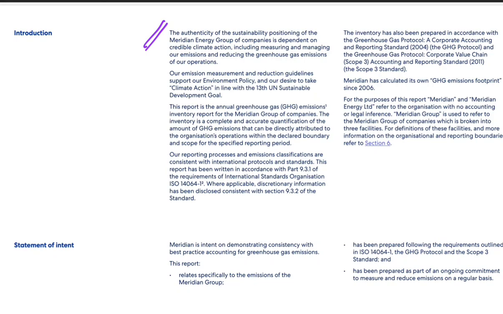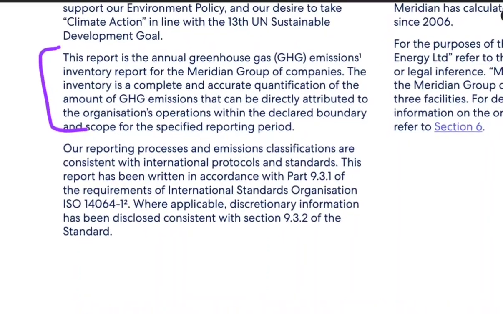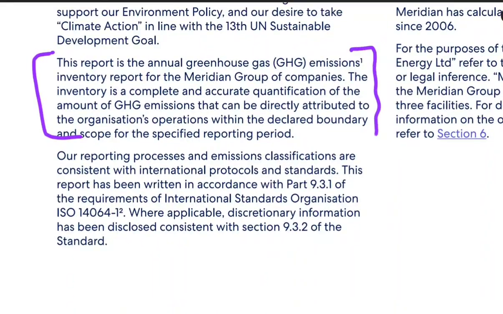Also, this report specifically is the annual greenhouse gas inventory report of the company, and this inventory is a complete, accurate quantification of GHG emissions directly attributed to organizational operations and within the declared boundaries.